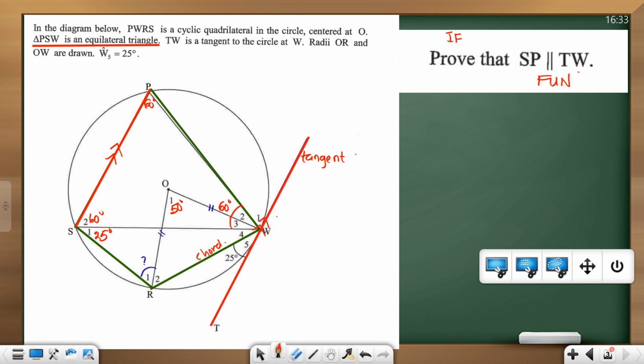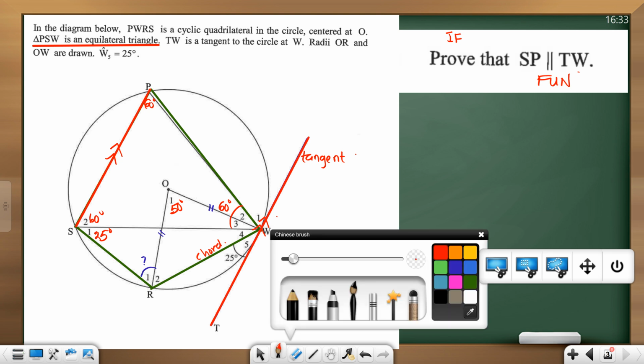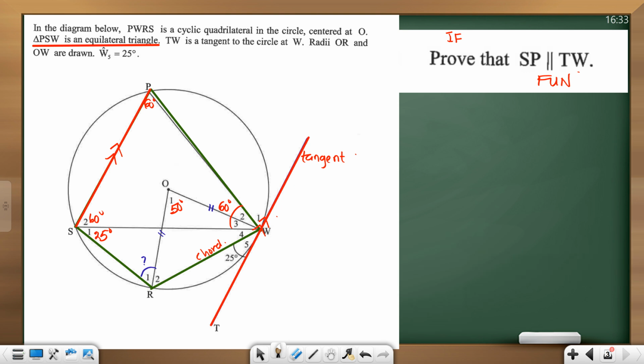Alternate angles. Okay, which alternate angles? Let's see. Which angles do you want to prove now if you're talking about alternate? Yes, talk to me. You can't just tell me alternate. Yes, Mohammed? If you look at W4, then that will mean that W4 plus W5 equal to 60.